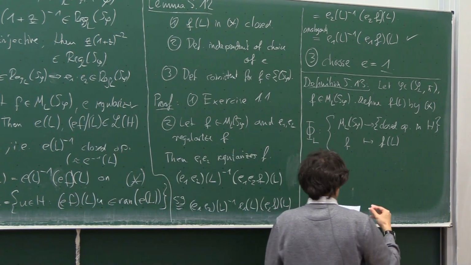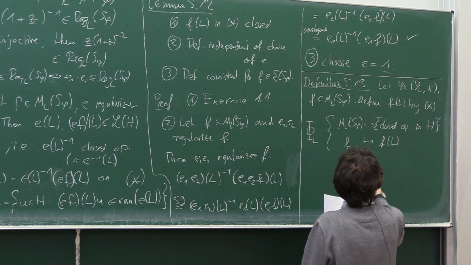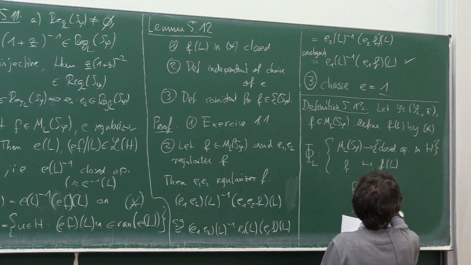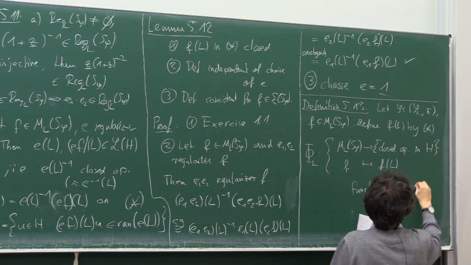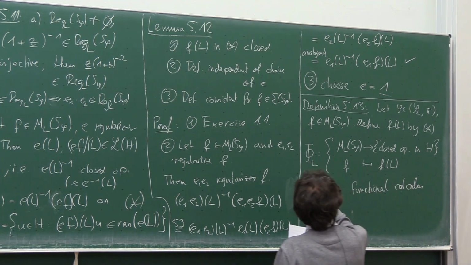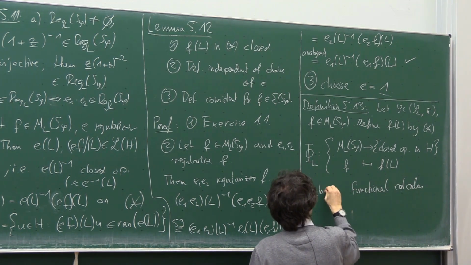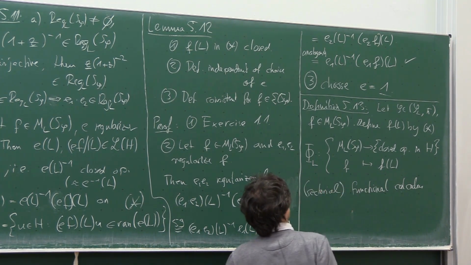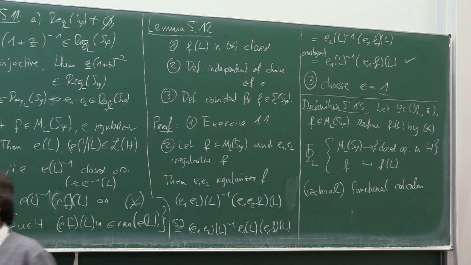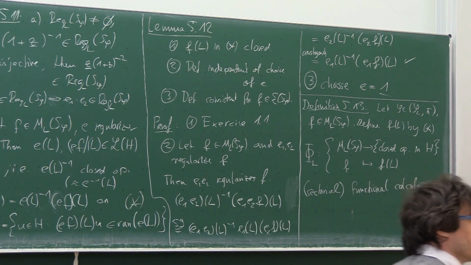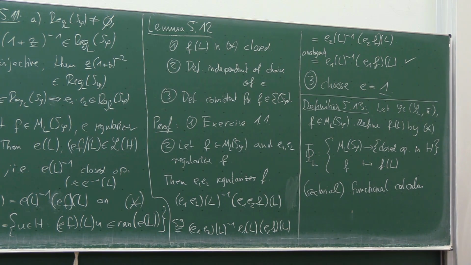And this is called the functional calculus for our course. In fact, there are many, as I said already last time, many functional calculi. So if you want to distinguish it from another one, this is the so-called sectorial functional calculus, stemming from the fact that it works well for sectorial operators.